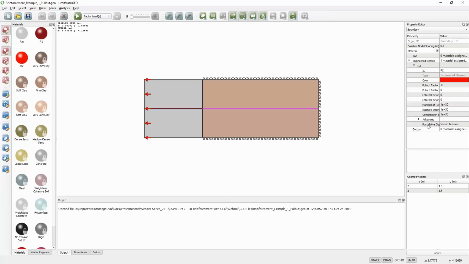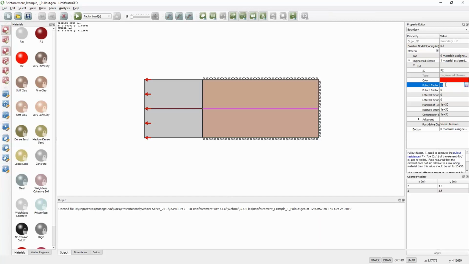And what we've done is essentially we've defined a pull-out factor of 10 here.